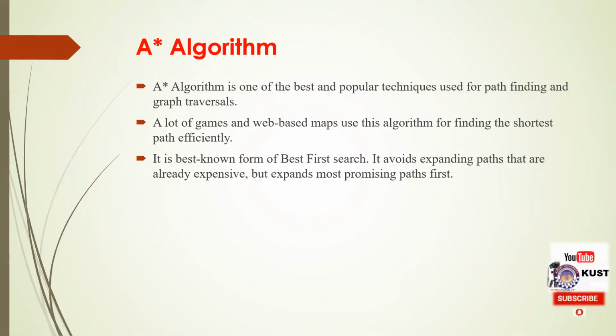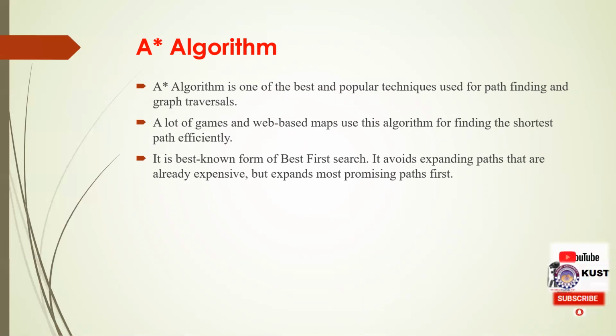Because of its flexibility and versatility, it can be used in a wide range of applications. It is the best known form of the best first search. It avoids expanding paths that are already expensive. It only expands the most promising paths first.